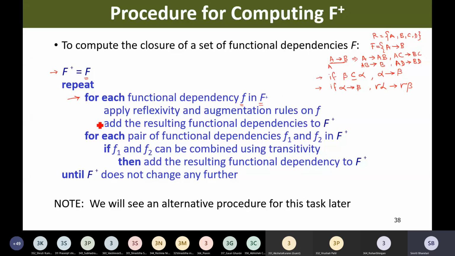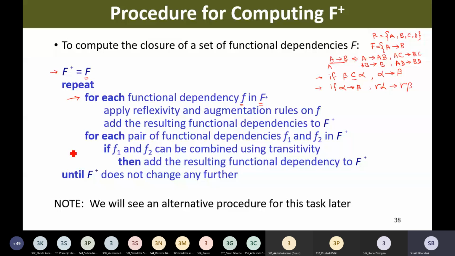So in the first step, for each functional dependency in F plus, we apply reflexivity and augmentation rules and add the resulting functional dependencies to F plus. Now, what next? For each pair of functional dependencies F1 and F2 in F plus, if F1 and F2 can be combined using transitivity, then we add the resulting functional dependency to F plus. What does this mean?